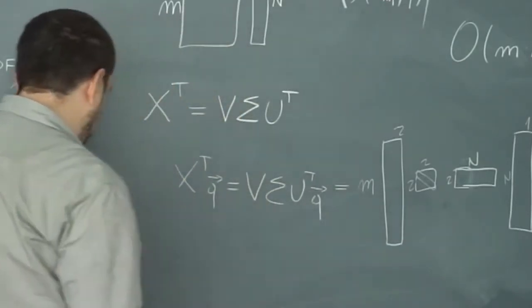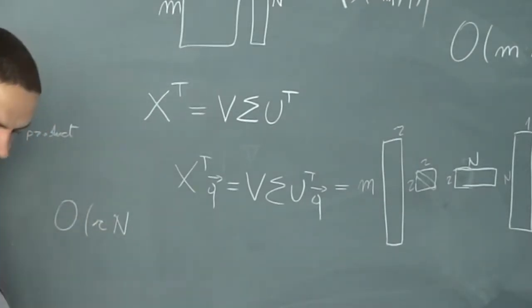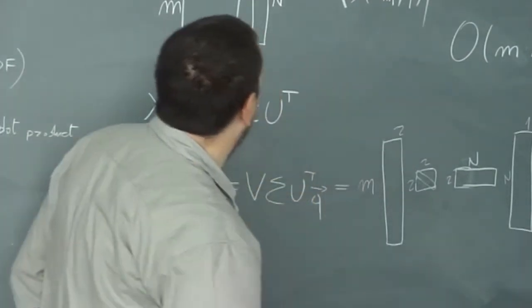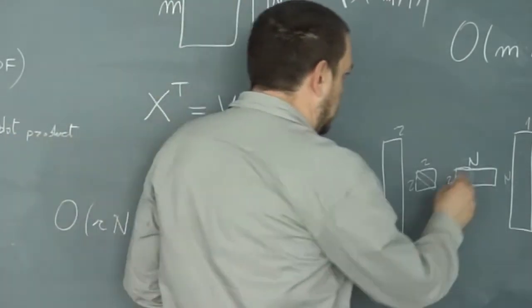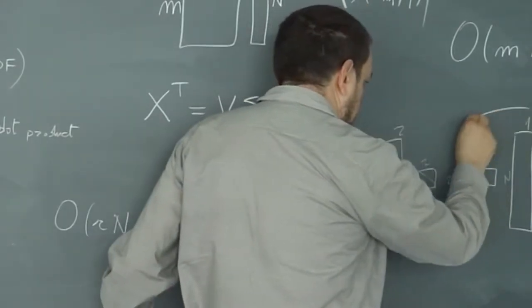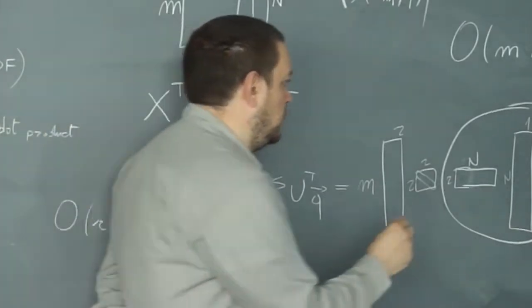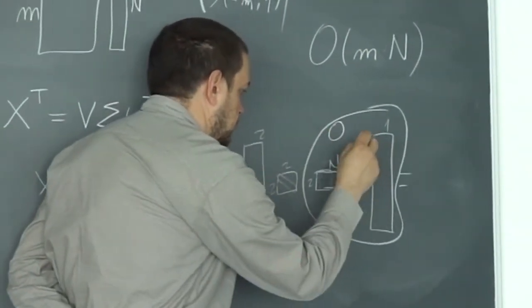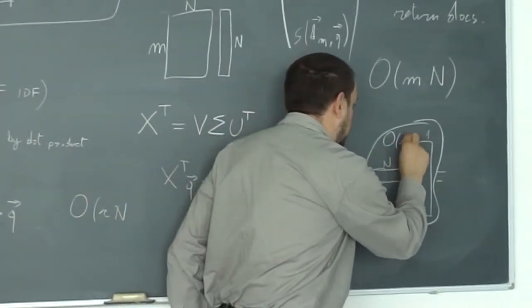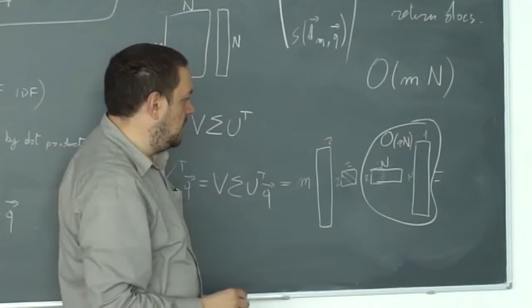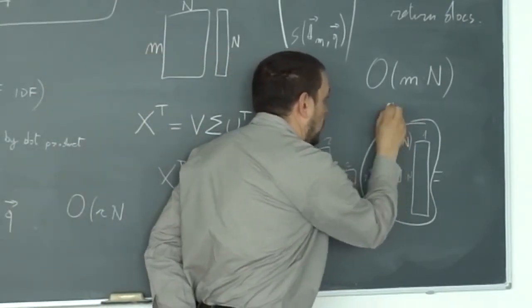Okay, after this multiplication, which takes big O of R by N, what I get at the end is an R by 1 vector.